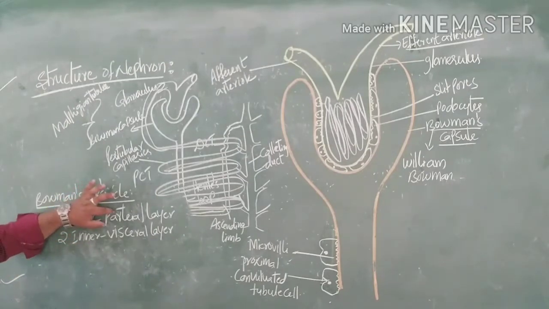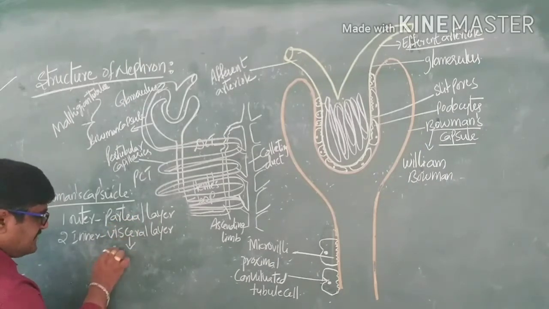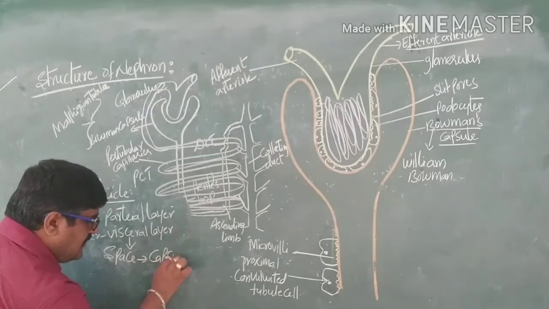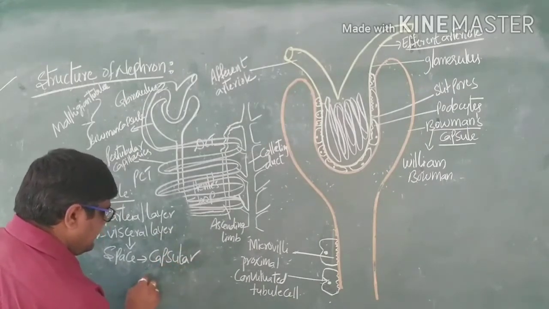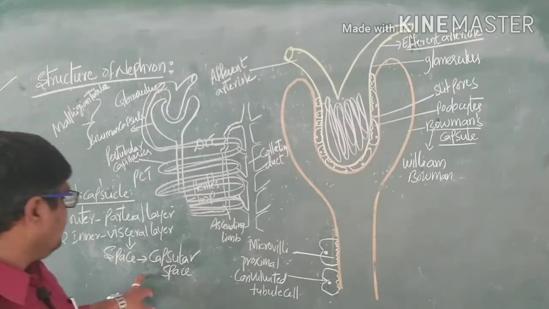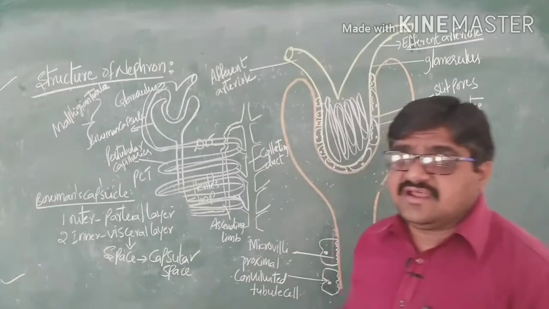In between these outer and inner layers there is a space present, and the space between the two layers is called the capsular space.